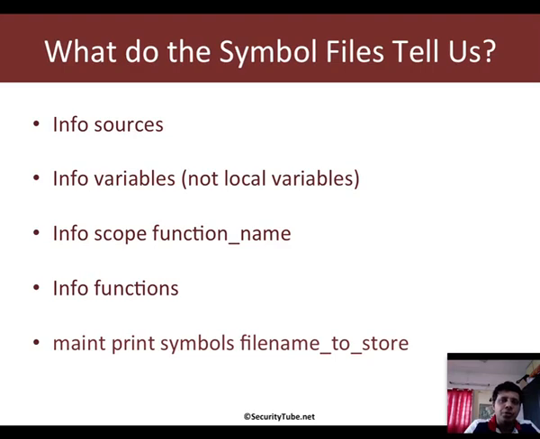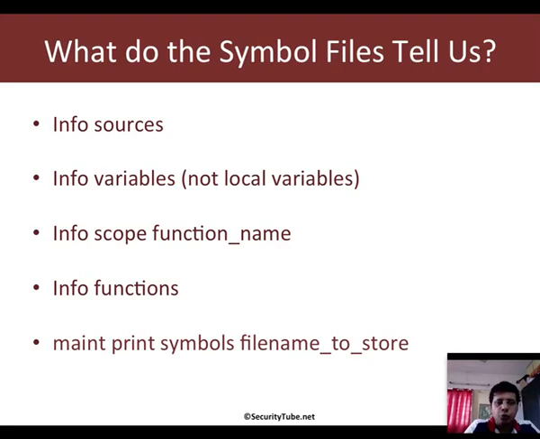What we learned was that info sources is basically going to list out the files from which the binary was actually compiled and linked. Info variables is basically just going to give you typically all the global and static vars, not the local variables. If you want the local variables, you need to use info scope and then the function name, right?